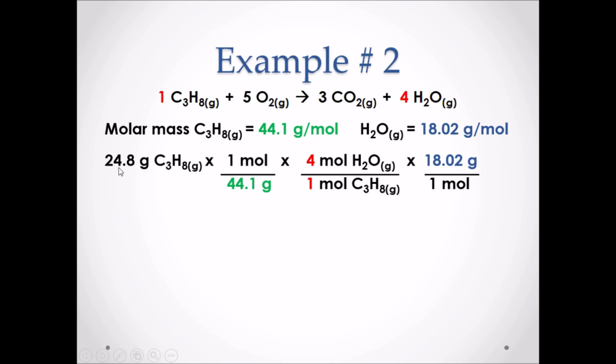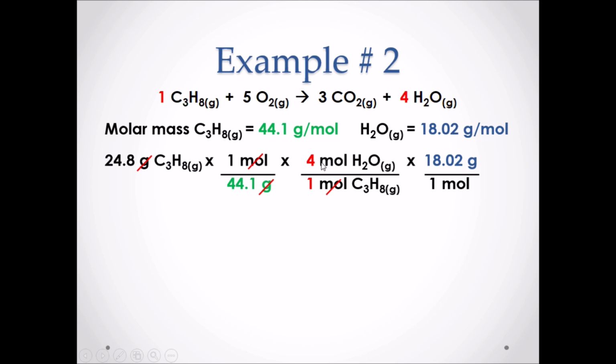We are going to start with the mass of the reactant propane, 24.8 grams. We are then going to divide by the molar mass of propane to first get the moles of propane. Once we have the moles of propane, we can then use the molar ratio, which is a 4:1 ratio, to calculate the moles of water vapor.